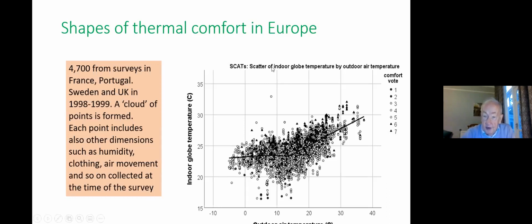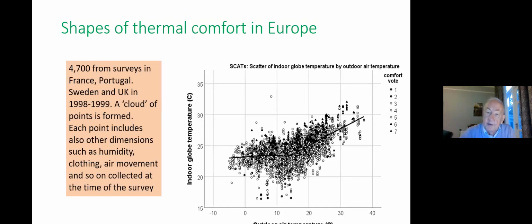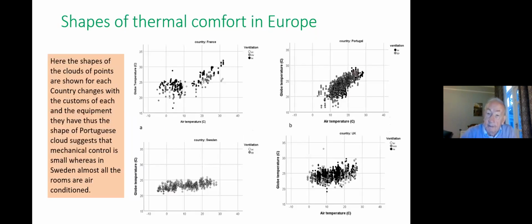But what you do see is this kink at 15 degrees, which seems to apply in the whole of Europe as well as just in the UK. And what you also find is that data from different countries shows different shapes.